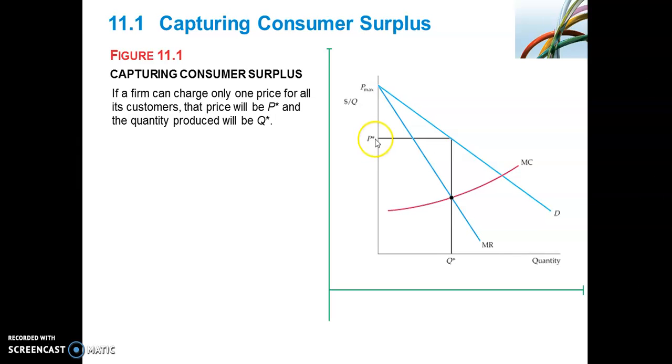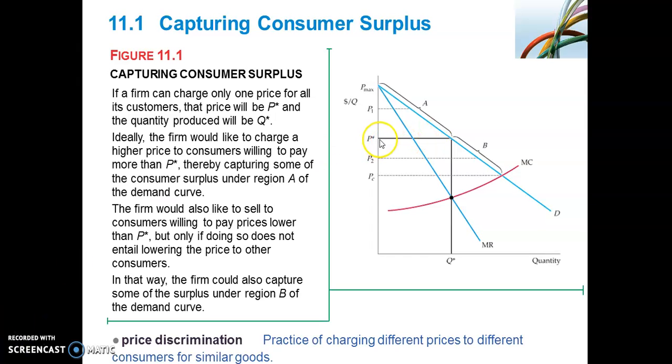So here we have a single price P star that is charged, and this is the price that would maximize profits. However, could more profit be made if different prices are charged, not just a single price? We know that the demand curve reflects the customer's willingness to pay.